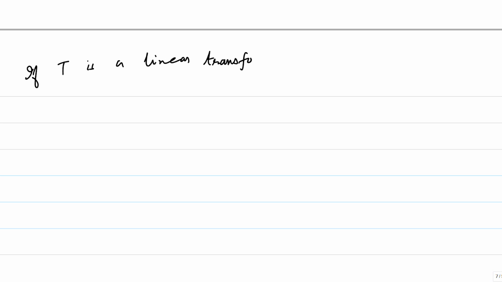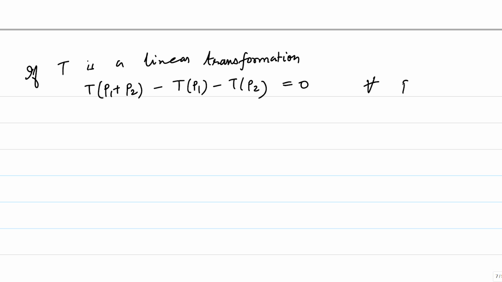We know that T is additive. T of P1 plus P2 is T of P1 plus T of P2, right, for all P1, P2. Then T of P1 plus P2 minus T of P1 minus T of P2 is equal to 0 for all P1 comma P2 in P of R.